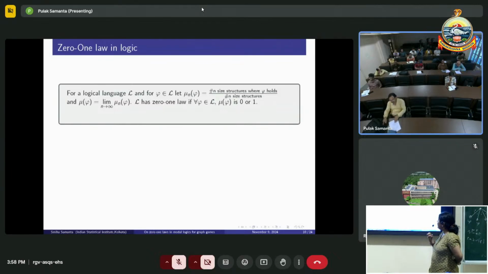So for any formula, when the size of the structure increases, it either almost surely holds or almost surely fails.